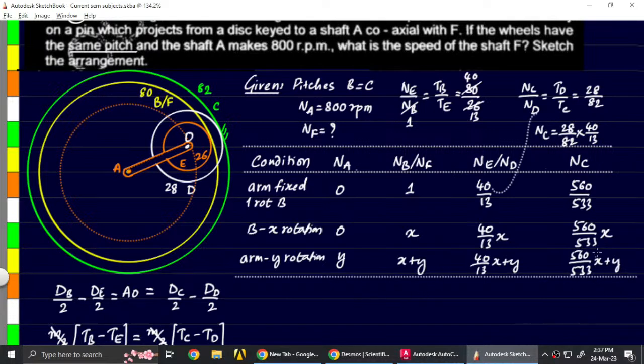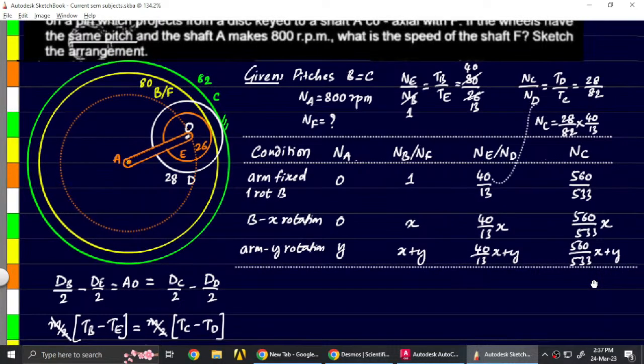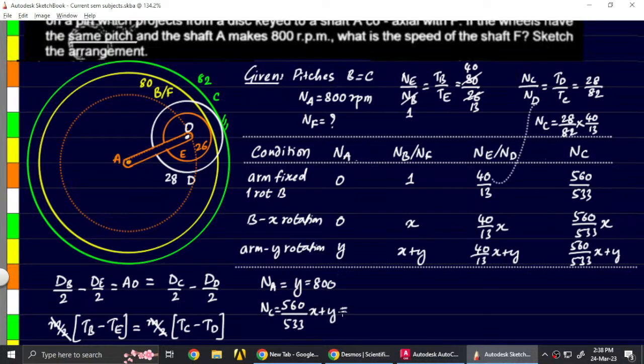Now we have been told that NC value is fixed, it is constant, and that NA is rotating with 800 RPM. So that means Y value is 800, because NA is equal to Y. NC, we know, is 560 divided by 533 X plus Y. This value has been told to be 0 because it is fixed.